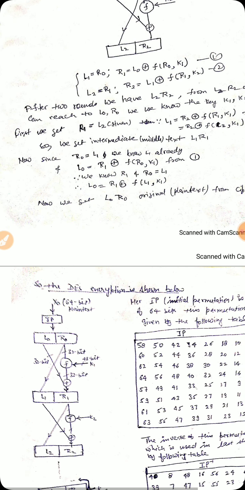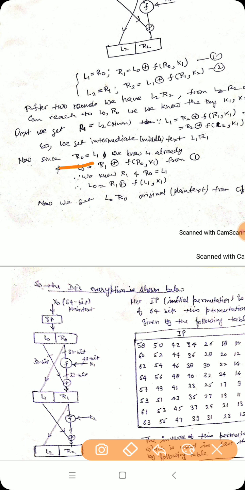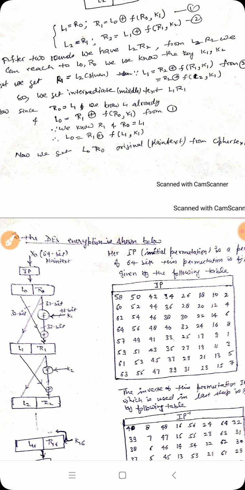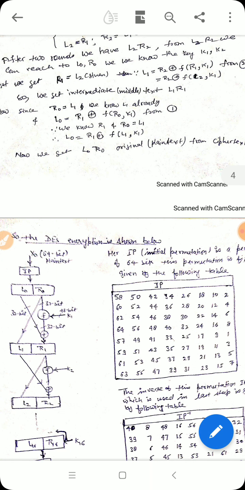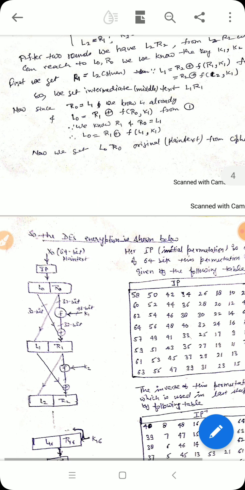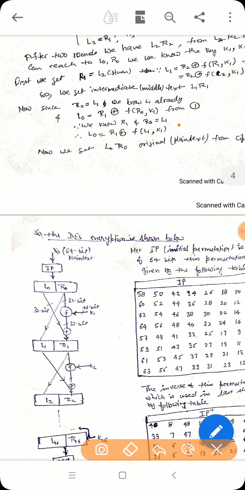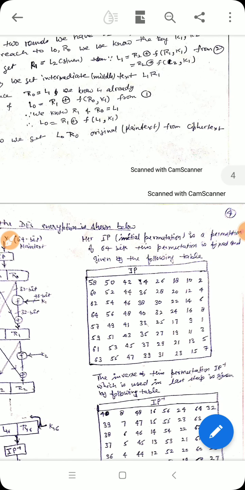Since R0 is L1, and from equation number 1, L0 is equal to R1 XOR f of R0 comma K1, so L0 is equal to R1 XOR f of L1 comma K1. So we get L0 and R0 from the ciphertext.